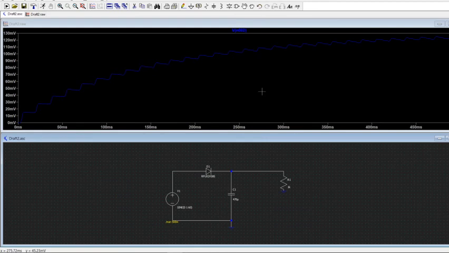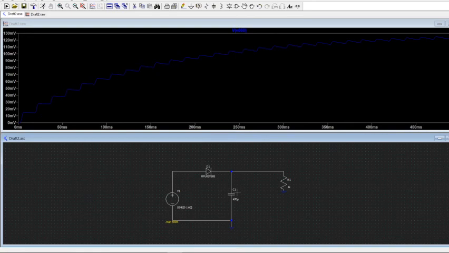I forgot to add a ground, if you guys are wondering what happened. Yeah, there we go. So what I mean by AC ripple is it's going to look like these little bumps on this.